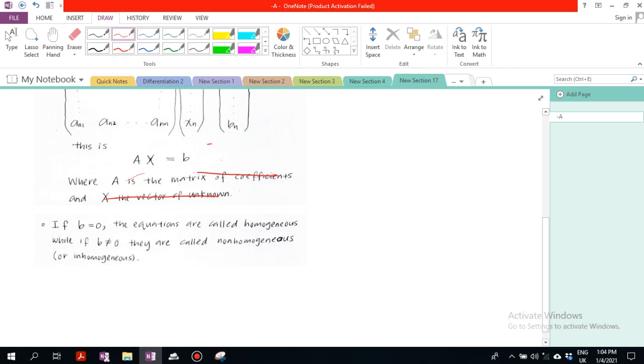If your b is equal to 0, the equation is called homogeneous. Meanwhile, if your b is non-zero, then we call it non-homogeneous or inhomogeneous.